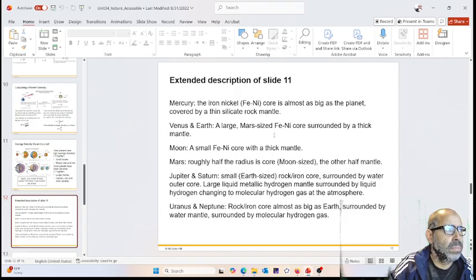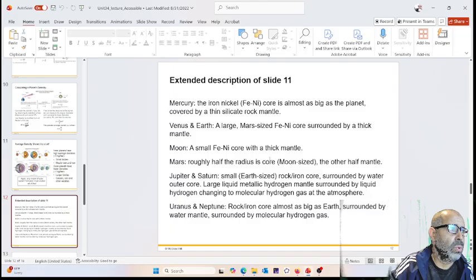Venus, because of its similarity with the Earth, and we know exactly how Earth is structured, has a Mars-sized iron nickel core. And the moon is also like that because we have more data on it. And Mars, we're getting more and more data to support what we know about it. Roughly half the radius, a moon-sized core, and then they have a mantle and so on and so forth.